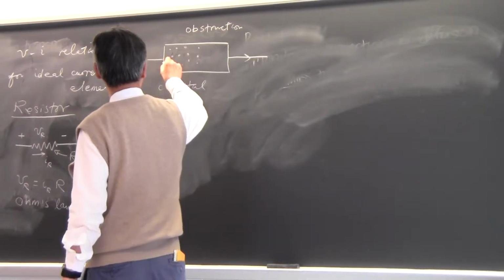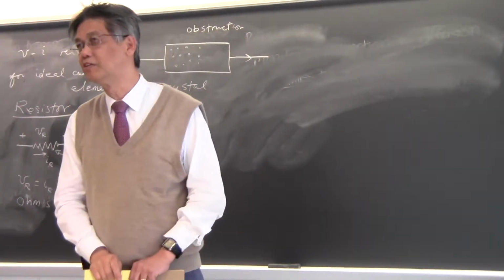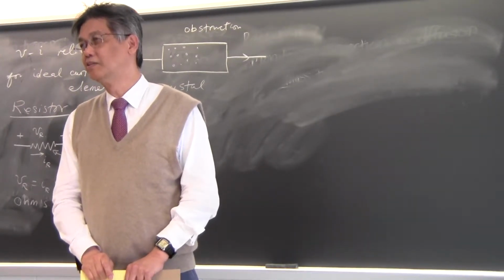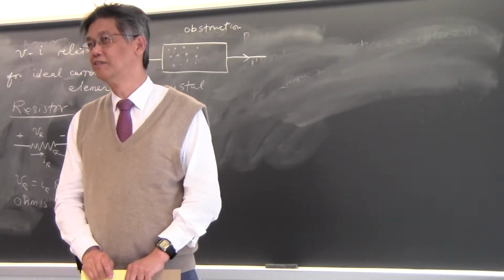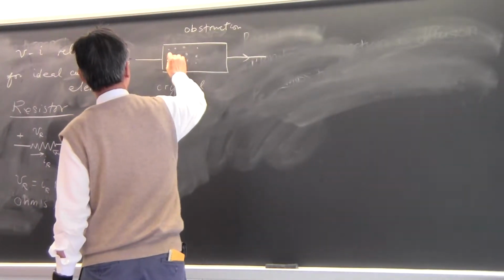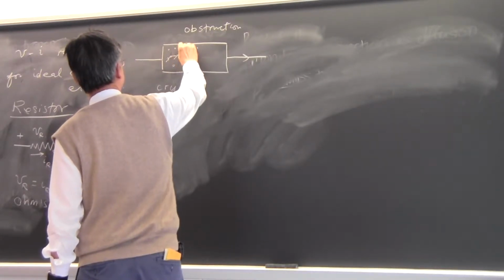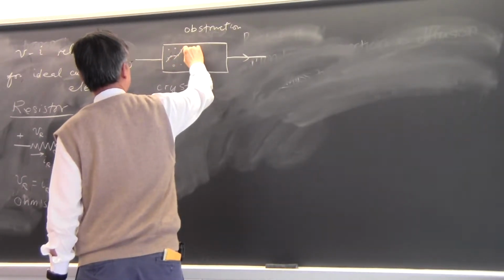And as we mentioned before, current flow is not due to positive charges. Current flow is due to the flow of electrons. As the electrons try to move through this material, they will collide with the lattice in a zigzag fashion. They never travel in a straight path.